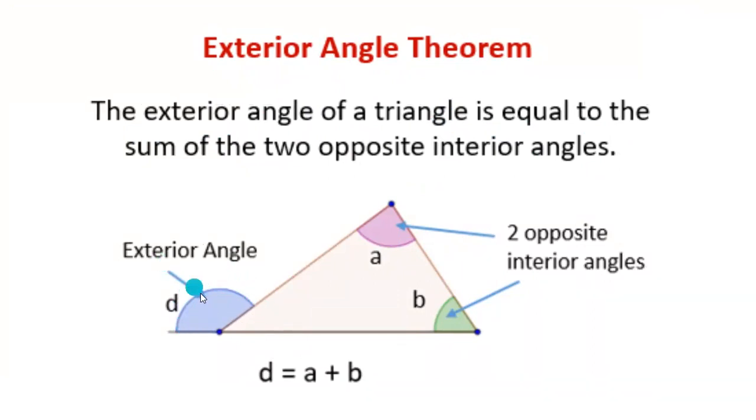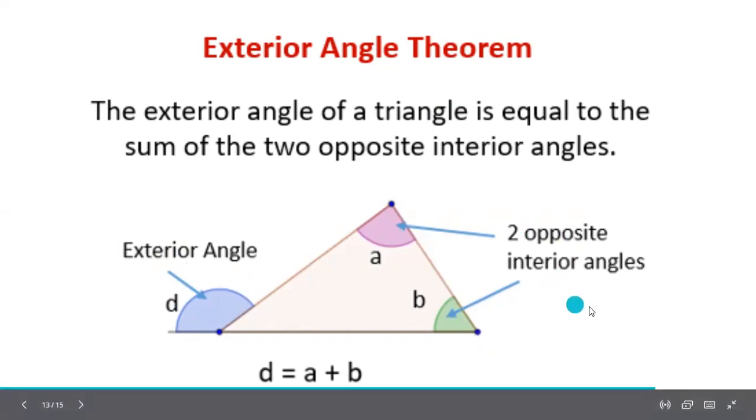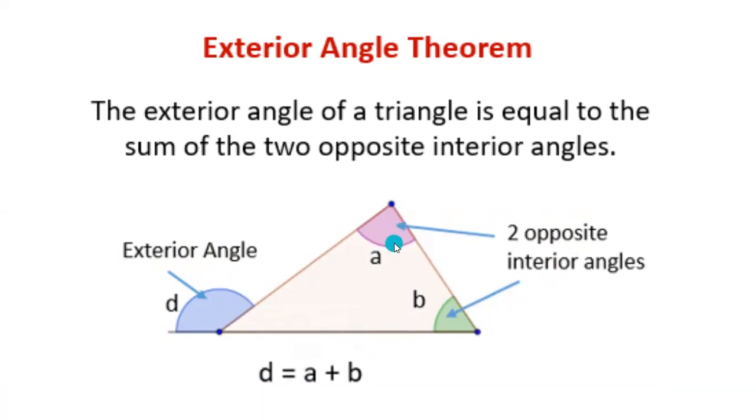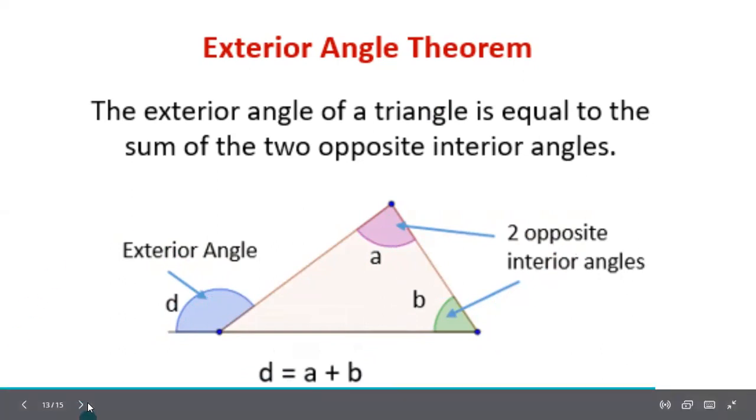So this is the exterior angle, and the opposite to this exterior angle will be these two, right? These two are opposite interior angles. So D is equal to A plus B. This gives your exterior angle. That is, the exterior angle is equal to the sum of the two opposite interior angles. Based on this, we are going to solve the problems.